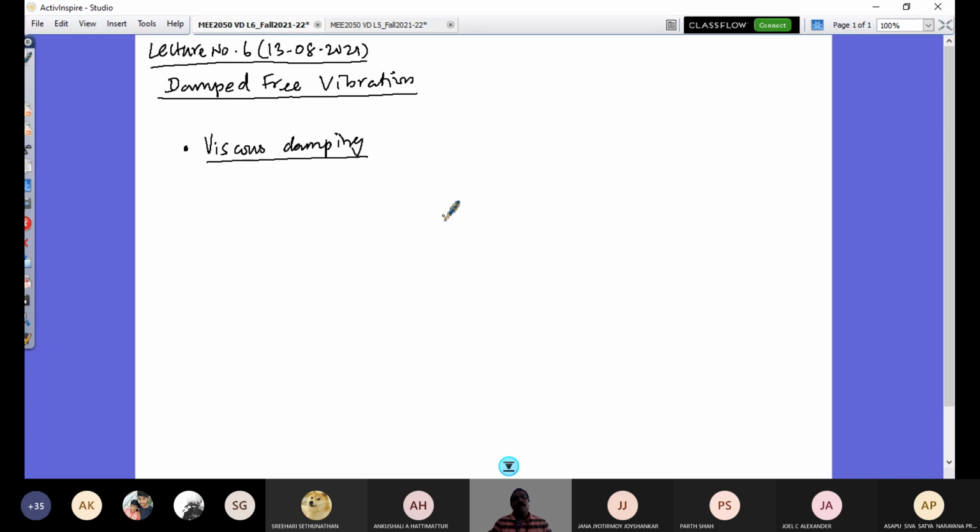The viscous damping refers to the resistance offered by a fluid, which can be air, liquid, or a solid medium. The damping force is directly proportional to the velocity, and the proportionality constant is what is called the damping coefficient.